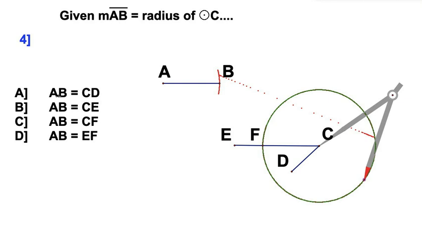We say AB, what it really stands for is the distance between the point A and point B, which is the same as the measure of the segment with endpoints A and B. So is AB the same as CD? You decide. How about AB and CE? AB, CF, AB, and EF. I think you'll see there's only one answer that makes any sense.